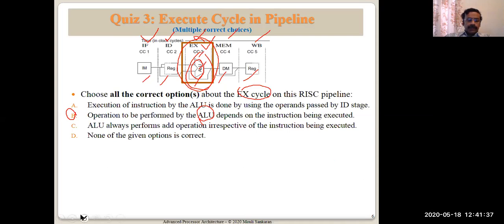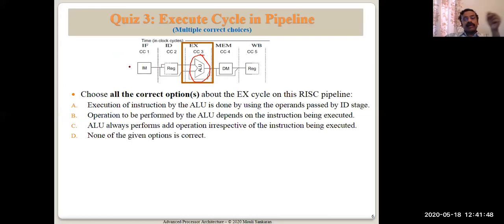Let me explain. The operation to be performed by the ALU depends on the instruction being executed. So suppose an add instruction was fetched 2 cycles before, that would have come here now. 2 cycles back, I fetched the add instruction, which in the last cycle came here, and in the current cycle it is here.